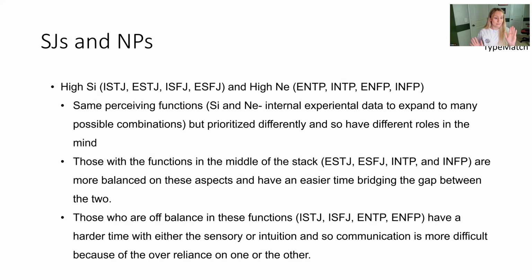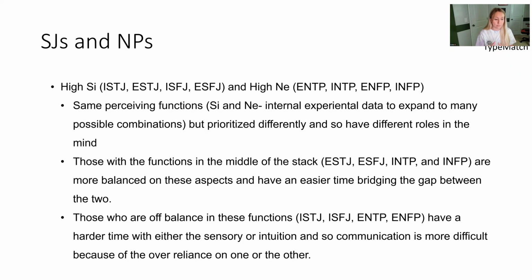For example, with INTP and ESFJ, they're still off balance on the TI and FE and opposite to each other there. So they're going to have that to deal with. But on these two aspects, their perceiving functions, they're more on balance, and so have an easier time in communication and better compatibility there.